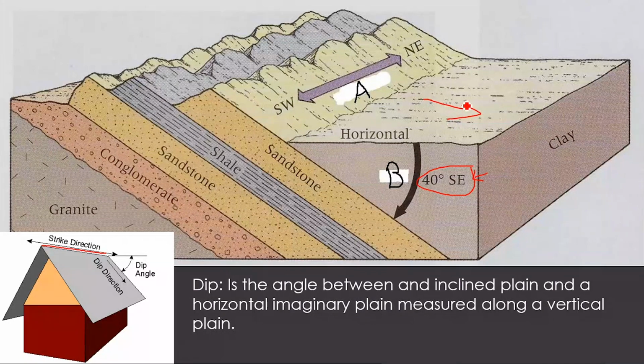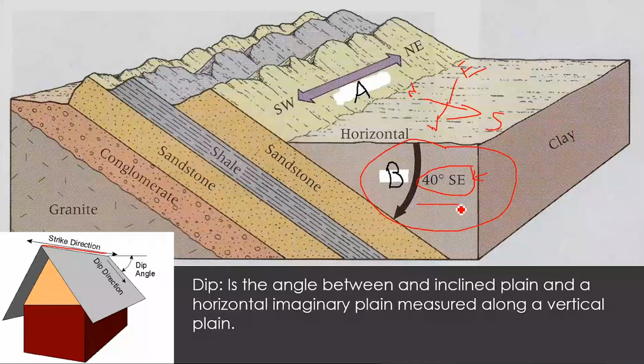Sometimes in other rocks it may be inclined towards east, sometimes towards north, some other rocks may be inclined towards west. So this inclination is a parameter. It can be 40 degrees, 20 degrees, 90 degrees, anywhere between 0 and 90 the rock can incline.